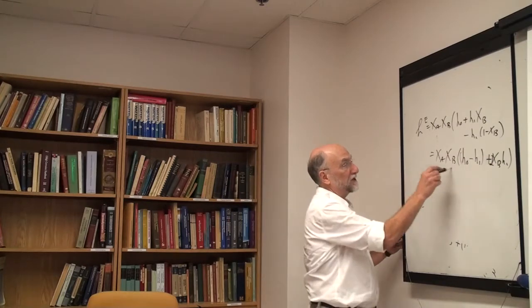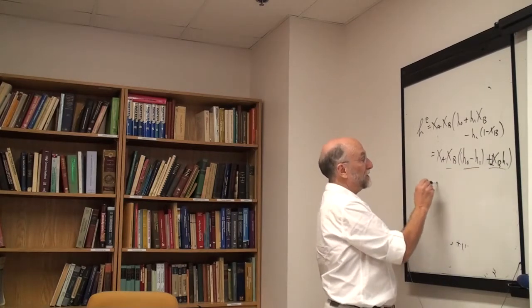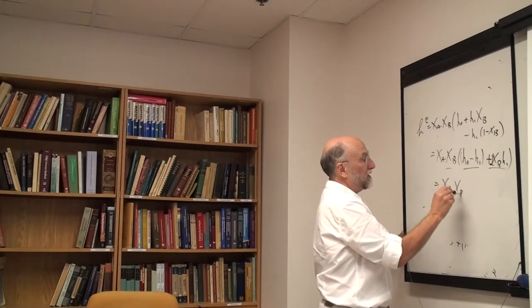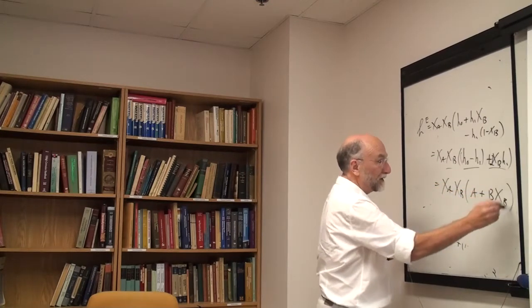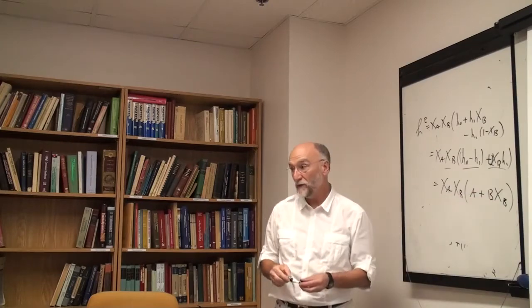Okay, whatever. So anyway, I've taken xa xb, and then I just add this, because this could be then xa xb times a plus b xb or something. I mean, I can just rearrange it in terms of only xb.